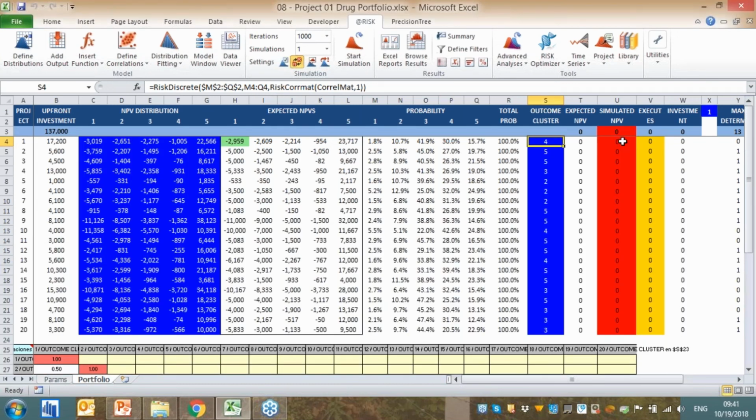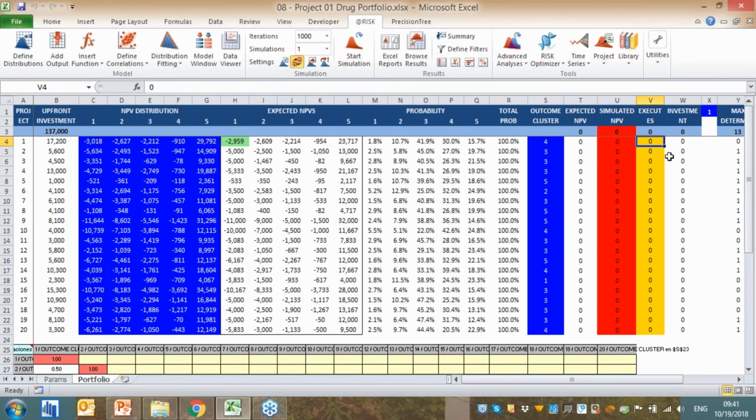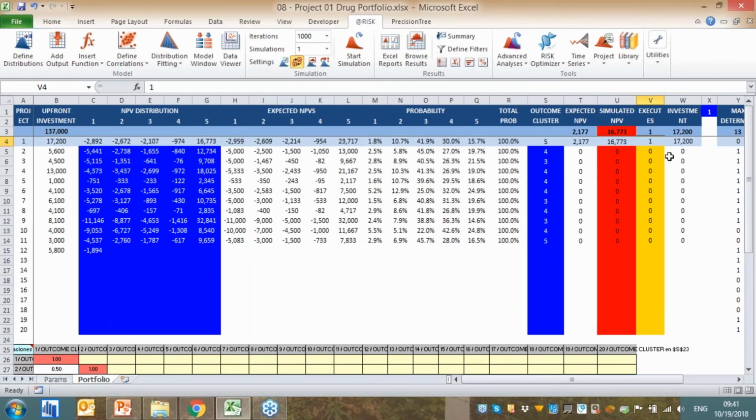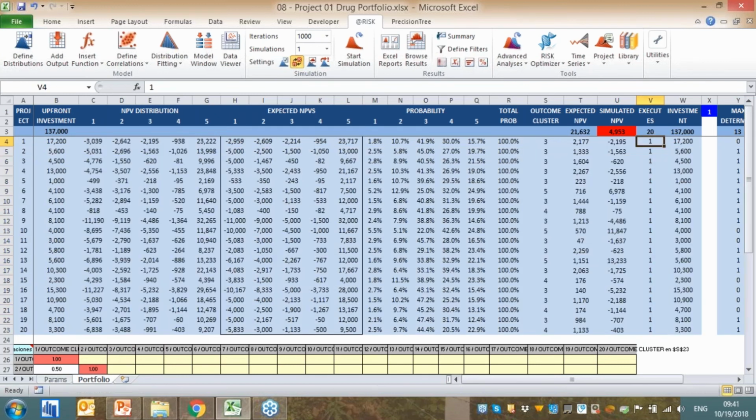Let me place myself on the simulated NPV, which is, as you can see, an output of this particular project. Well, this project is not executed, so let me do this again. Let me execute, quote unquote, each one of my projects. Now I can see that cell on column U, which has already been declared as an output.